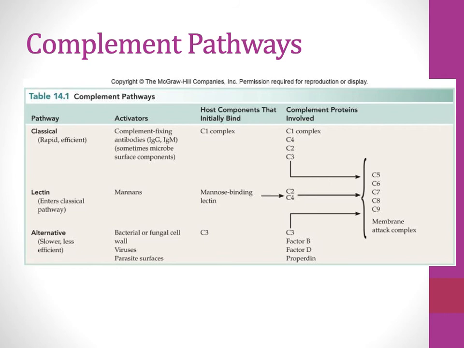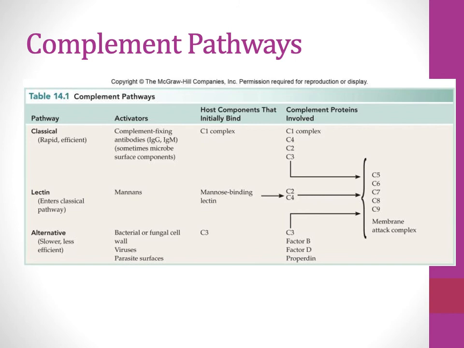With the alternative pathway, this is a slower pathway and it's less effective because it spontaneously activates. So just keep in mind with classical and lectin, they're activating in response to something. With alternative, it's like, we became activated. Is there something that controls this right now?